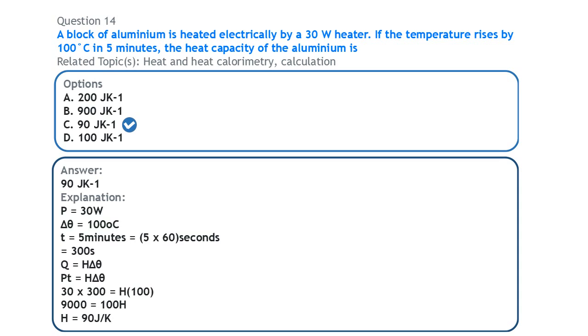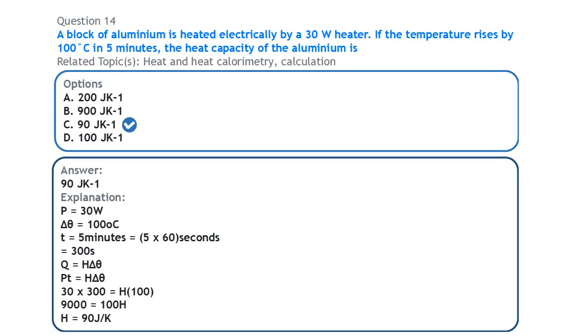This Q here is the quantity of heat supplied. H here is the heat capacity, which is what we are looking for in this question, while this delta theta is the change in temperature. Now from the question they said the temperature rises by 100 degrees Celsius. That is already the change in temperature. We are given the change in temperature directly there.